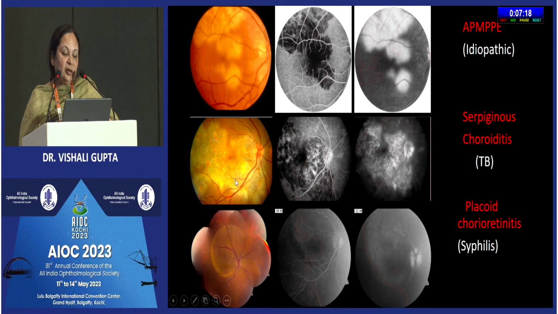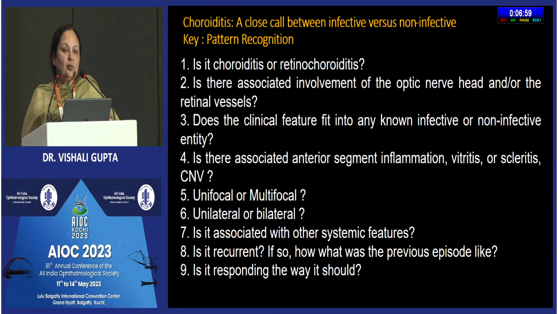You look at a patient of serpiginous and you think it is APMPPE and do not suspect infection, it is again going to be a problem. Or you see a patient of APMPPE and think it is TB and unnecessarily treat him with anti-TB drugs, that again is a problem. So how do we approach this patient?